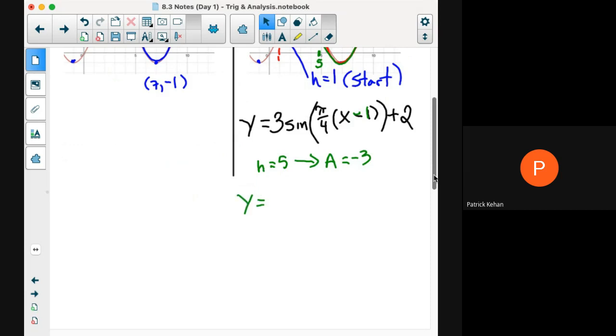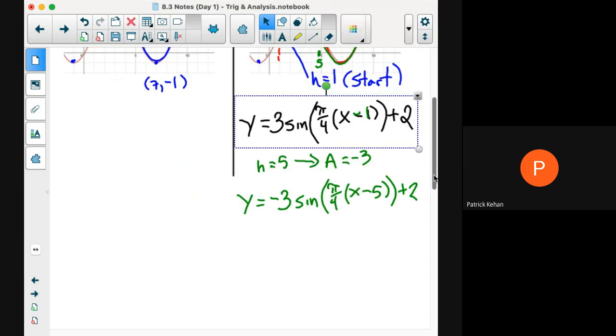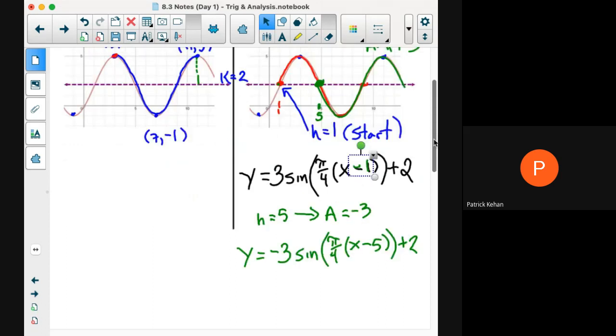So then it's y equals -3 times the sine of pi over 4, which stays the same, times quantity x minus 5, and then plus 2. So what shifted here is my A value is now -3 instead of 3, and my starting value of h is 5 instead of 1. And this can happen with the cosine function as well.